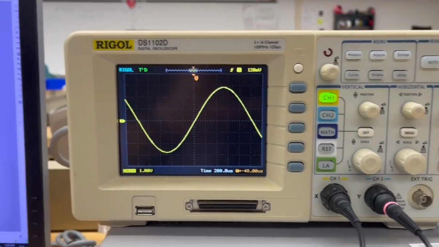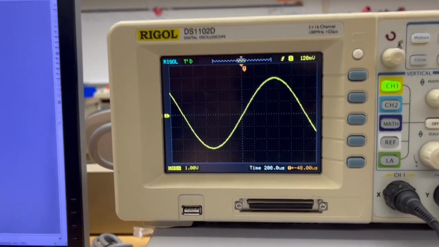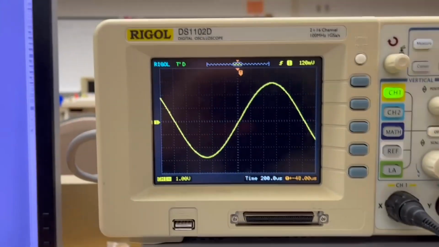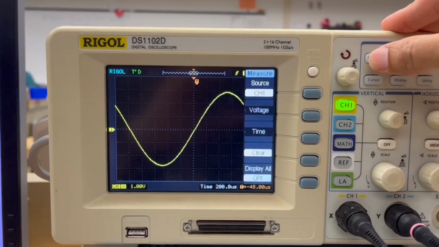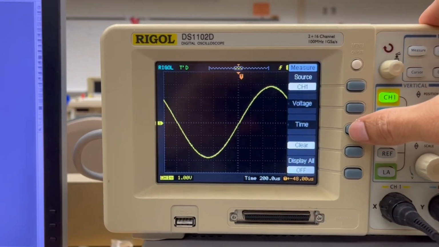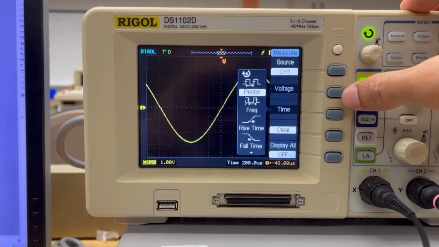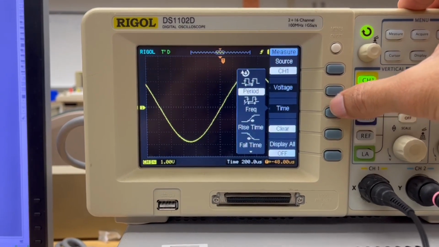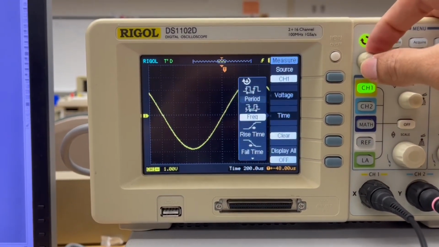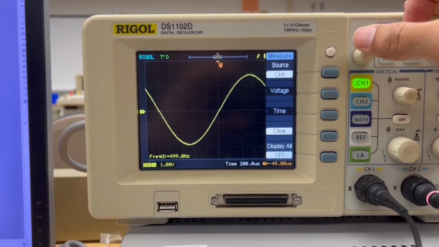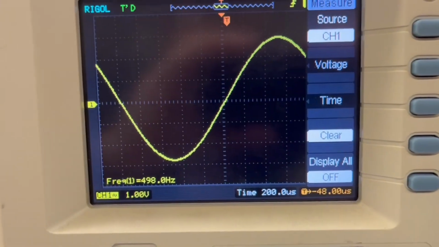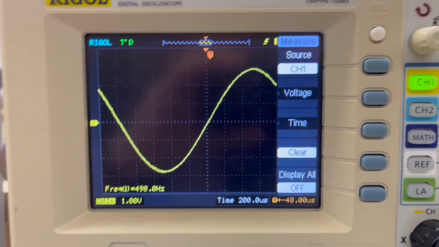To find the frequency on VS, we can select measure, time, and frequency. So here we have the frequency.